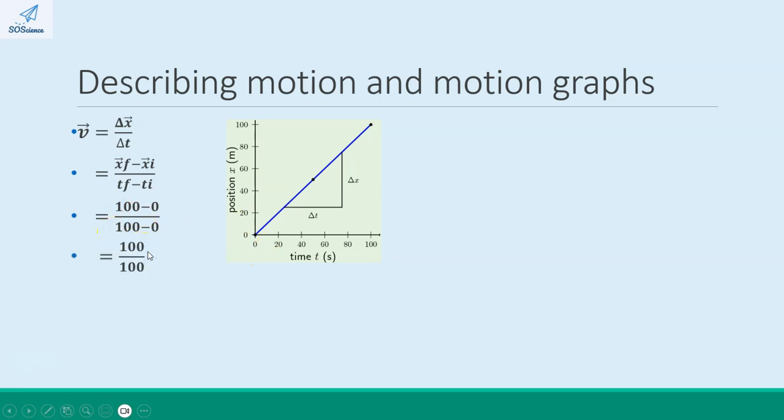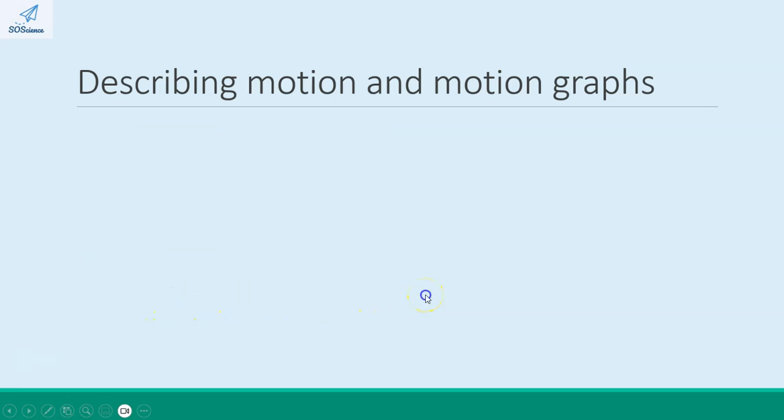And so that gives us an answer of 1 meter per second. Remember, it's a vector, so we have to state direction. It's in the positive direction, which is why we got a positive answer. And we know that the positive direction is towards the bus stop. So Tammy traveled at 1 meter per second towards the bus stop.